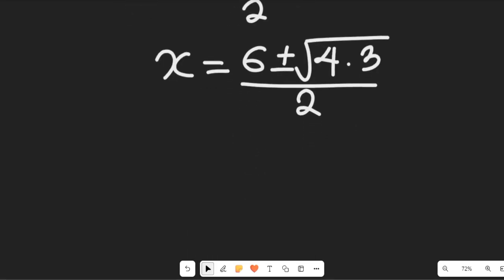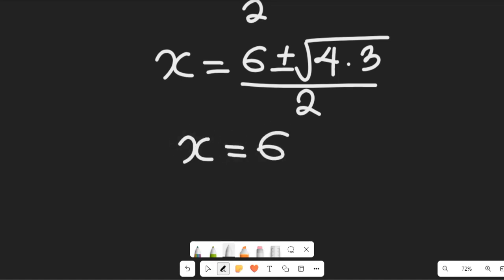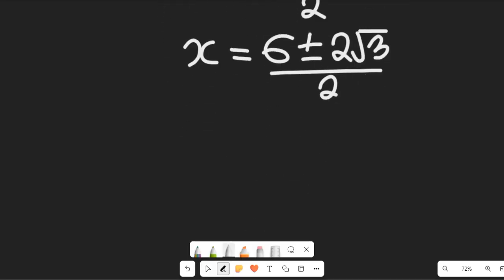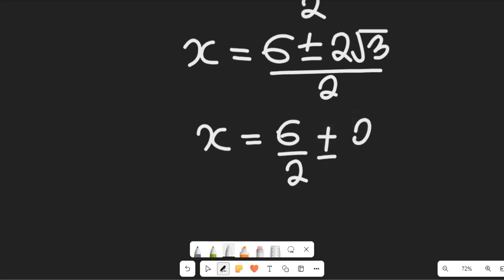So from that expression, x is equal to 6 plus or minus the square root of 4, which is 2, multiplied by the square root of 3, and all these divided by 2. So the value of x will be equal to 6 divided by 2 plus or minus 2 root 3 divided by 2.